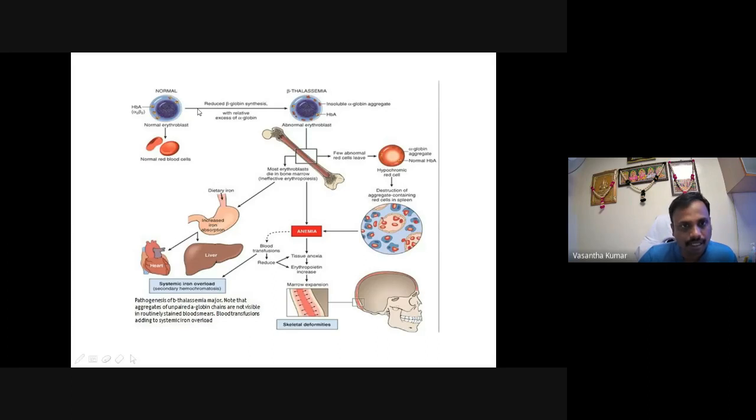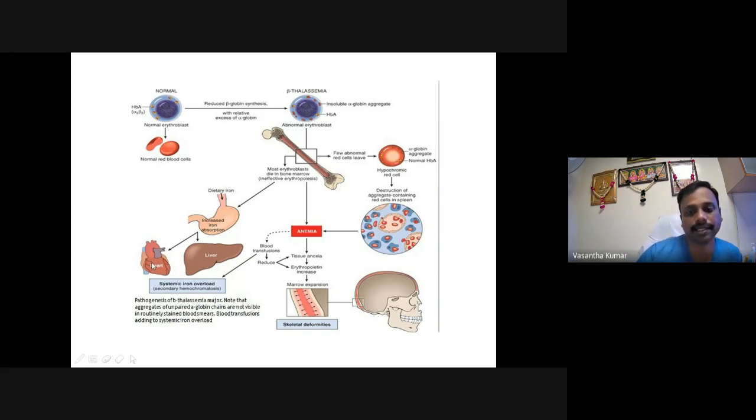In thalassemia, there is reduced beta globin synthesis with a relative excess of alpha globin chains. So in beta thalassemia, the abnormal erythroblast will have insoluble alpha globin aggregates, and there will be increased destruction of the red blood cells.